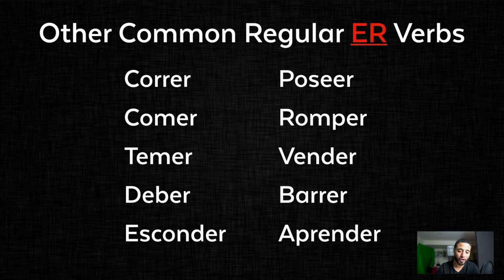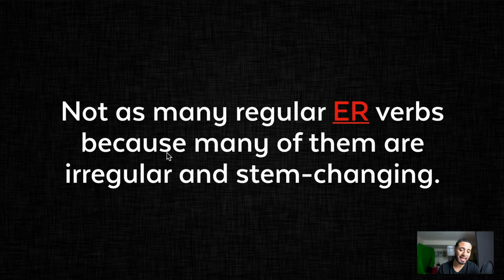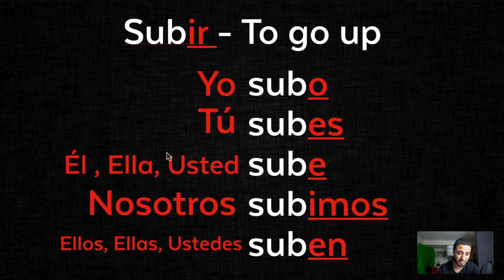Now keep in mind, all these regular ER verbs will have this same conjugation here. There are not as many regular ER verbs because many of them are irregular and stem changing, which I'm about to go over in a second. We have subir, which is an IR verb. So this is a regular IR verb. Yo subo, tú subes, él, ella, usted sube, nosotros subimos, ellos, ellas, ustedes suben.